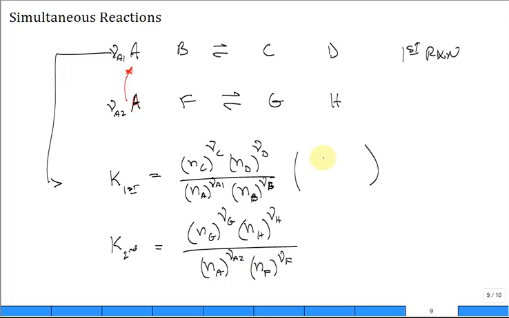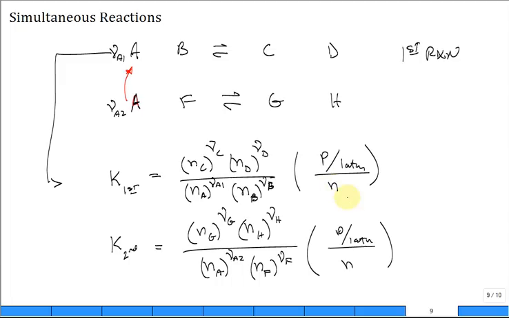All these are pressure over the 1 atm reference pressure. But now we have the sum of the n's, the total amounts there.